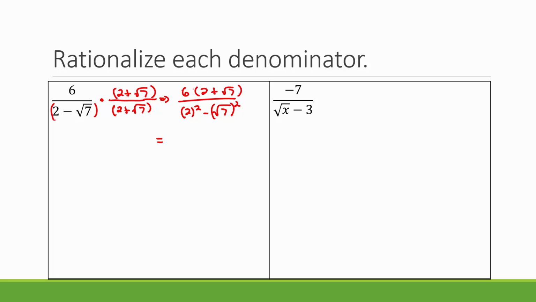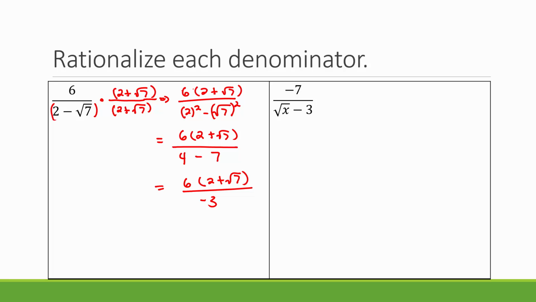Now I'm going to simplify my denominator. Two squared is 4. The square root and the square would cancel each other out. It just gives me 7, so 4 minus 7. 4 minus 7 is negative 3. And now I'm going to simplify the negative 3 and the 6.